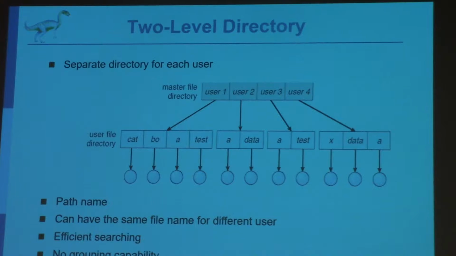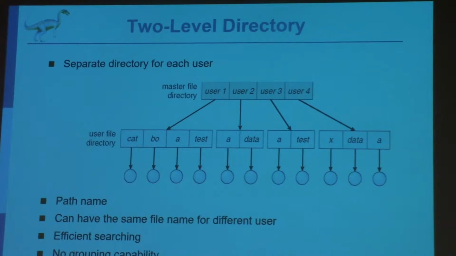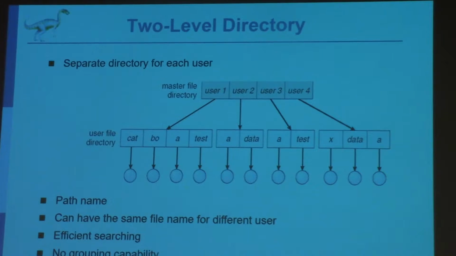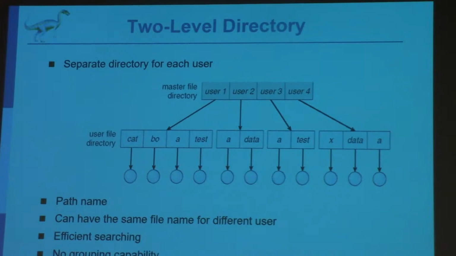To address this, we can consider a multi-level, two-level directory structure. We can consider not just one criterion for grouping, but two, like the user. This one is the user, this one is the file type. Then finally we can have the file. So to access the file, we need to start from user one, and cat, and finally this one represents a number of files. Okay, a circle doesn't mean one file, but a number of files.